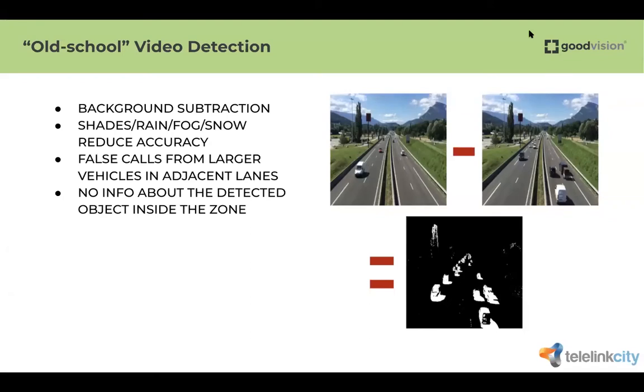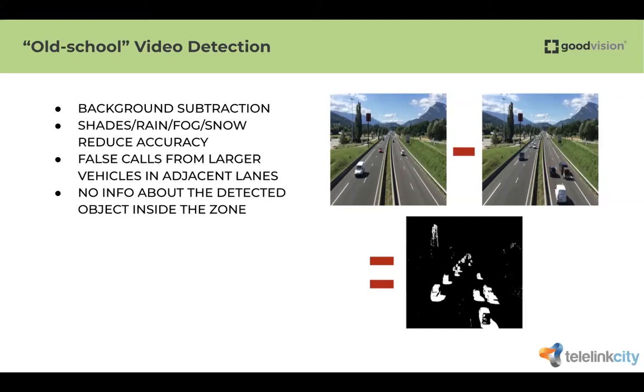As you can see here on the image, it calibrates the background, and then each frame, it detects if there is something new in the image. And this is how they get these white blobs or contours on the third image, on the black and white image.